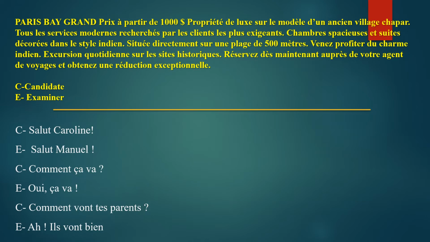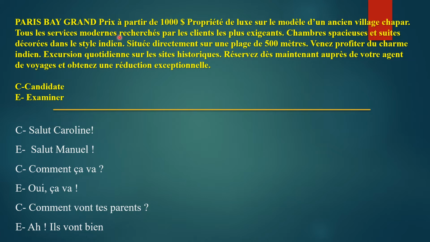This is a past question that I have taken to explain how we can make a conversation with the examiner as a friend. The question says: Paris Becron, prix à partir de 1000 euros, profitez de luxe sur le modèle d'un ancien village chapel.